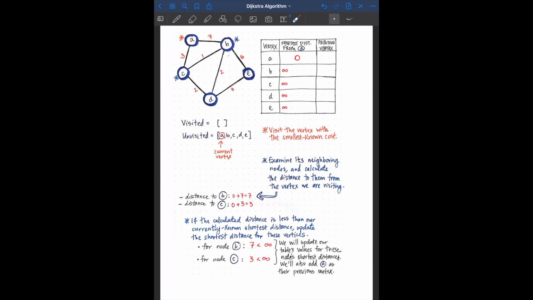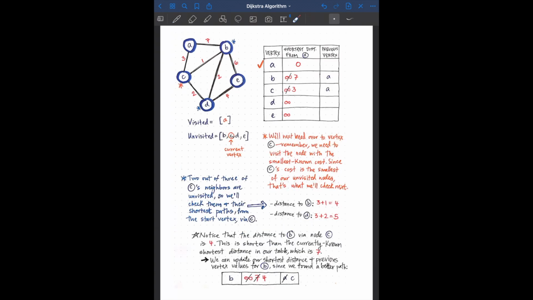If the calculated distance is less than our currently known shortest distance, we update the shortest distance for these vertices. So for node B, our calculated distance is actually less than our currently known shortest distance. So we will update our table value for these nodes' shortest distances. We will also add A as the previous vertex. So we will write down the values and we will write the previous vertex here.